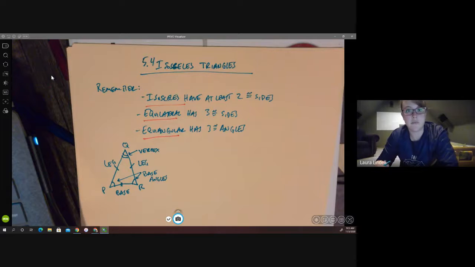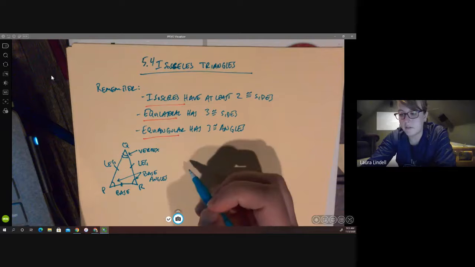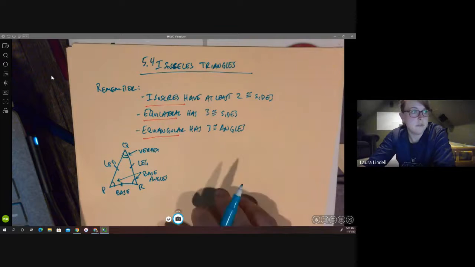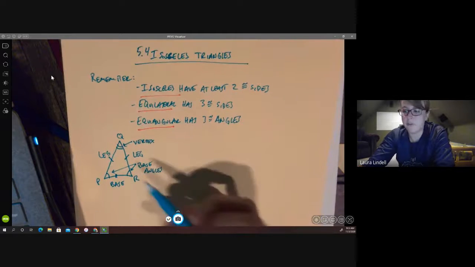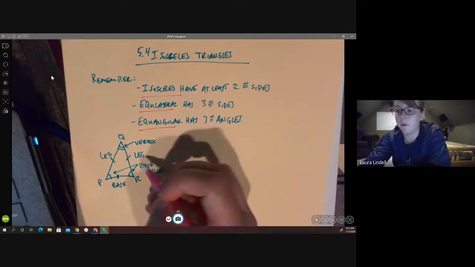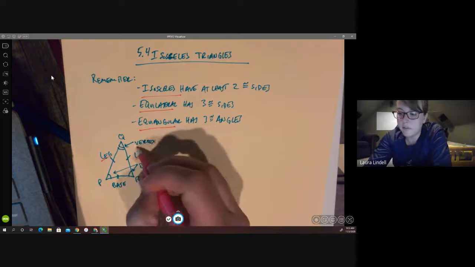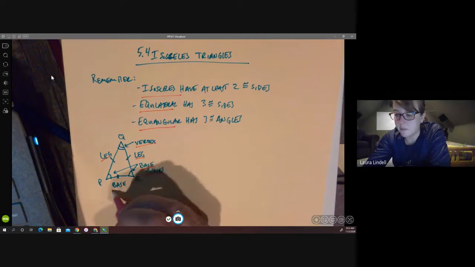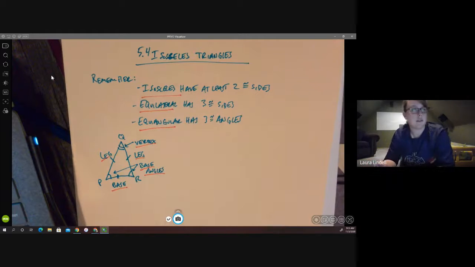So this is the breakdown of an isosceles triangle. When I refer to these different words, we want to know what we mean: the legs, the vertex, the base angles, and the base. Okay.